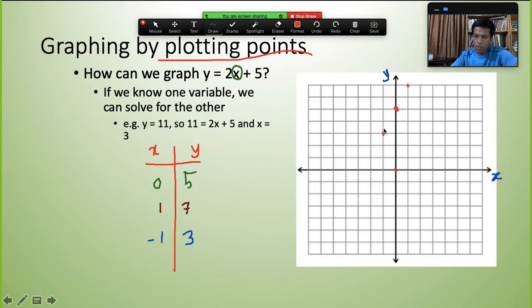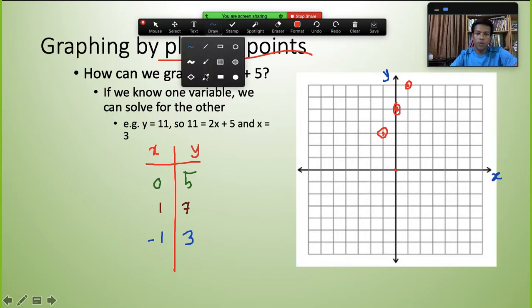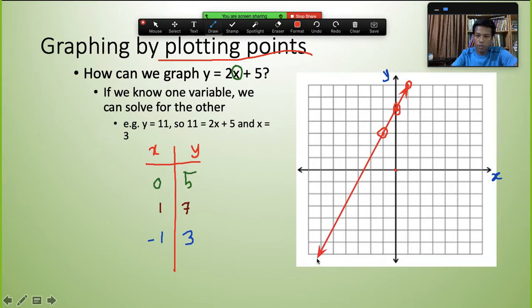So these are the points. We should draw these circles as small as possible. Now we can just join these points, and then we will get our straight line. Okay, so this is the graph of this given equation.